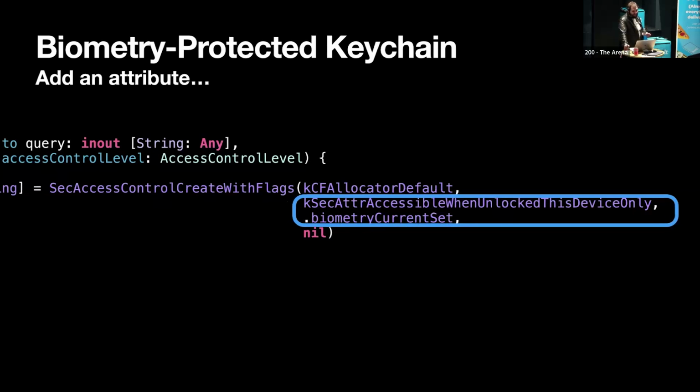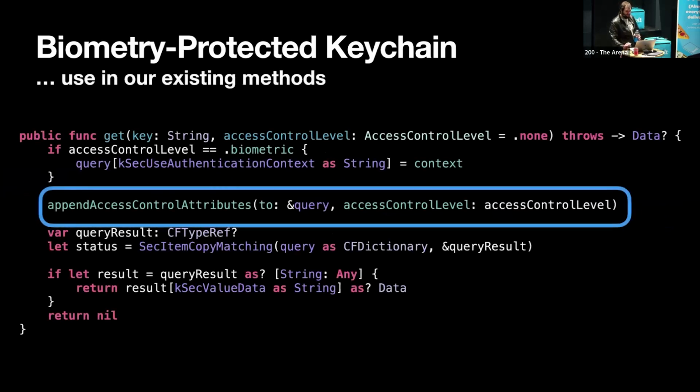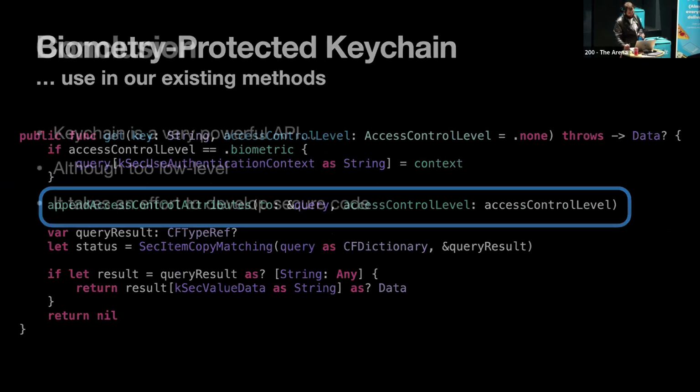In this case, I also added accessible when device unlocked and this device only, so it will not be shared across the backup and restore operations as well. And we can use it in a very simple way. We just augment our query, in this case a get query, and then it will toggle the biometric pop-up.